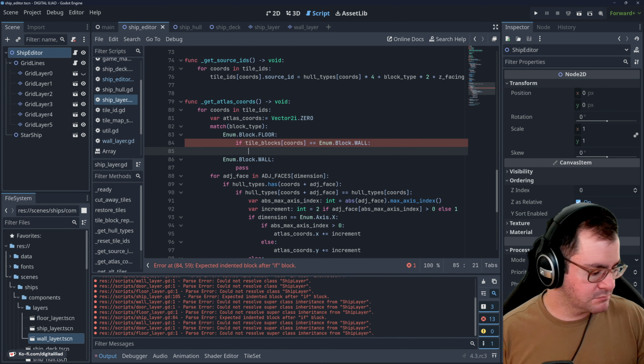I have fewer things up in the superclass, but that's fine. That's the point of a superclass. It just has common functionality. This is getting more specific. So let's start with the floor.